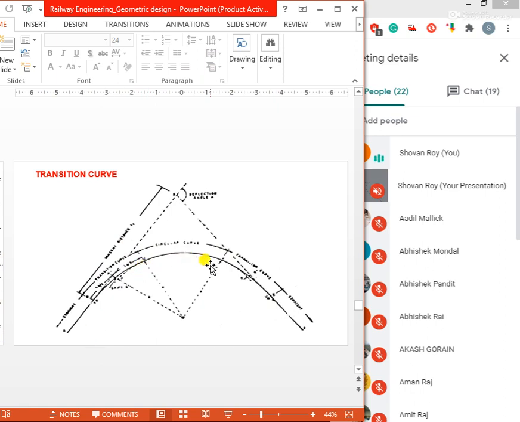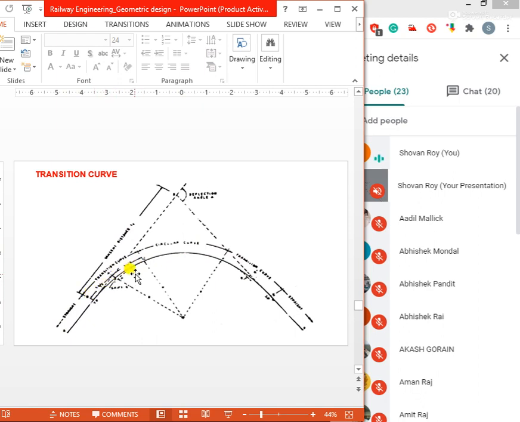How can we introduce this change from straight to circular on the track section? That's why some portion has been introduced between the straight line and the circular curve. This portion is called the transition curve. This element between the circular portion and the straight portion is called the transition curve.